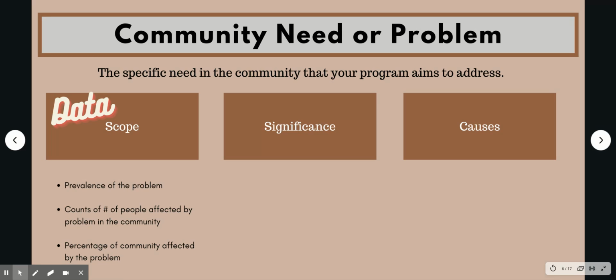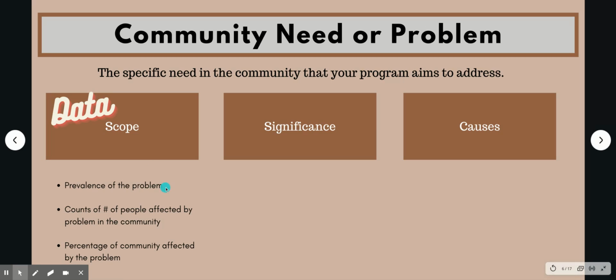So let's talk about what data sources may look like for each one of these components of the community need. For the scope, this is the extent of the issue in your local community. So, in other words, what is the severity or the intensity of the need for those that are affected by it?